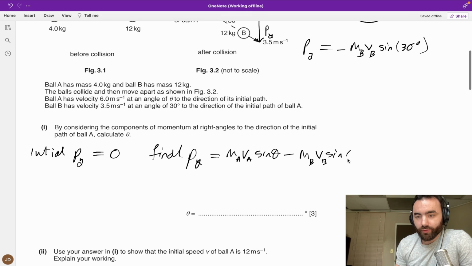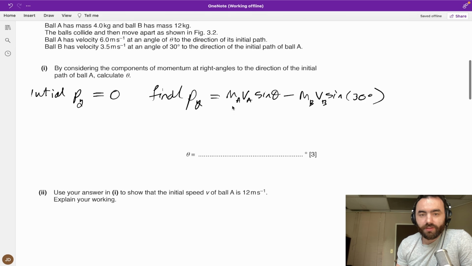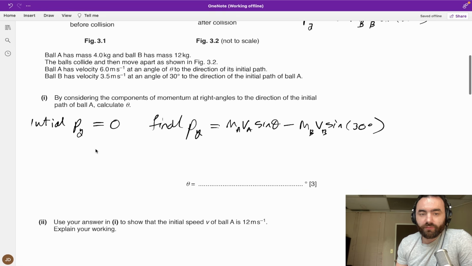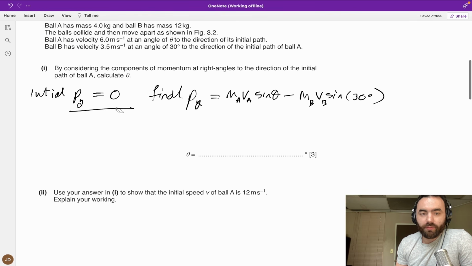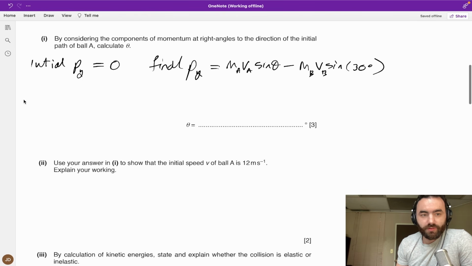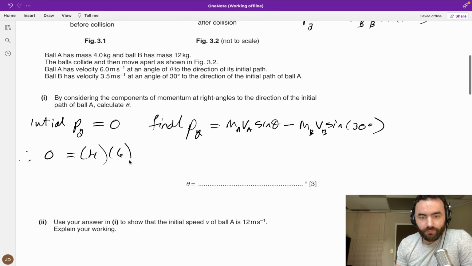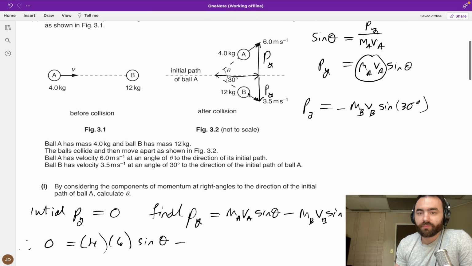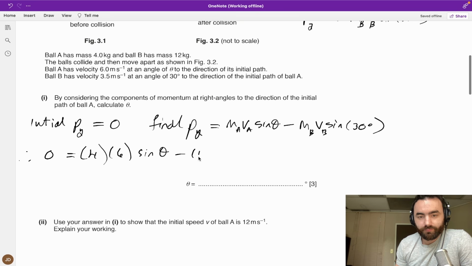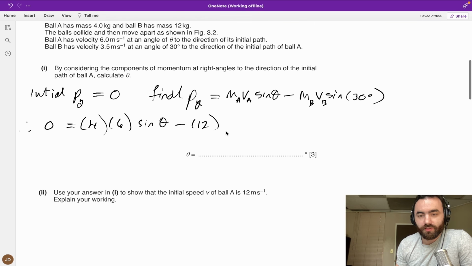Okay, so as momentum is conserved in both x and y directions, that means 0 is going to equal this. So we get 0 equals, well, the mass of A is 4, velocity is 6, times sine theta, which we want to find, minus the mass of B, which is 12, and the velocity is 3.5, times sine 30 degrees.